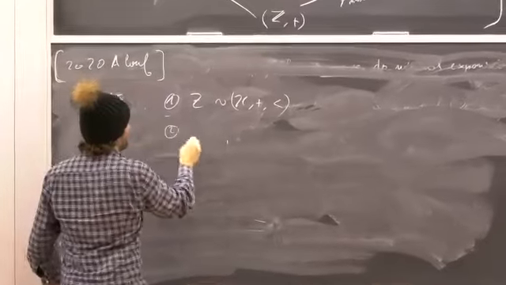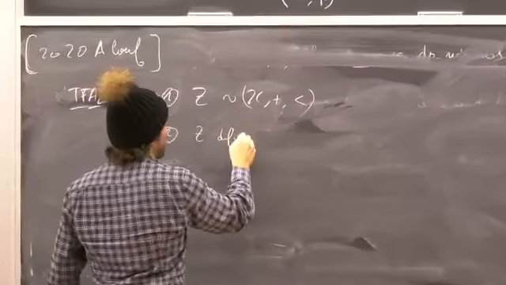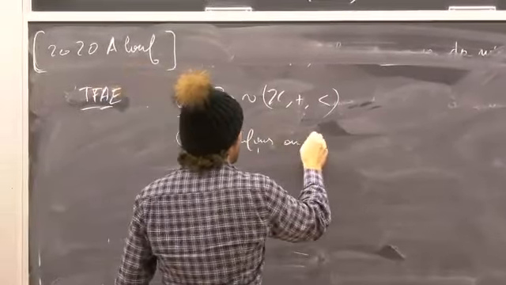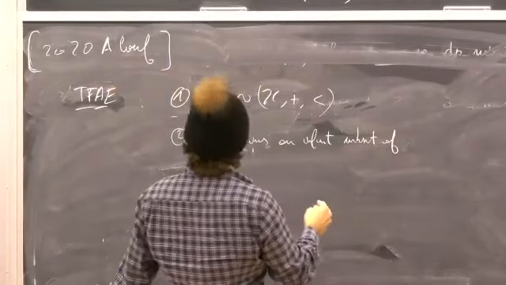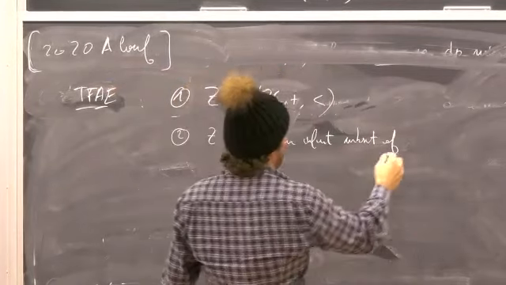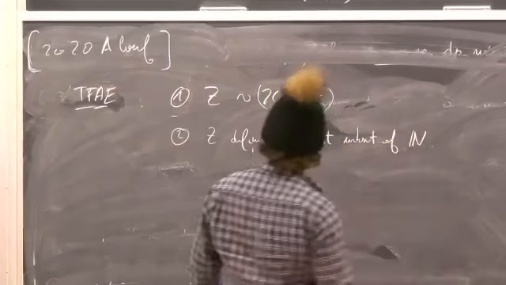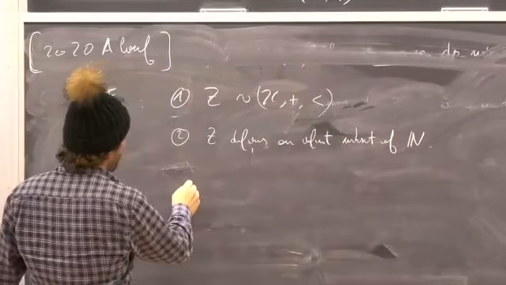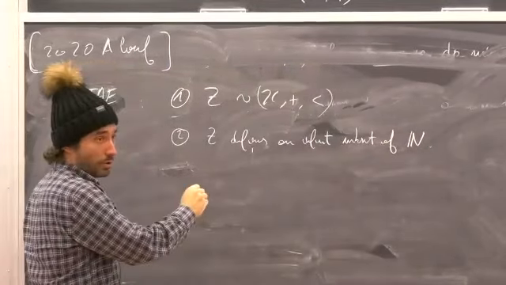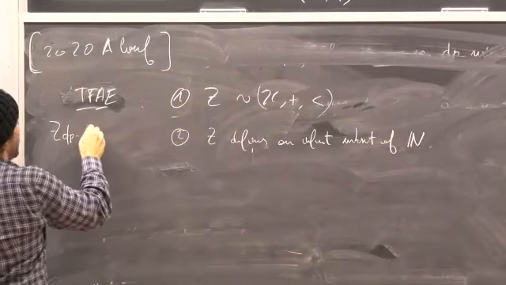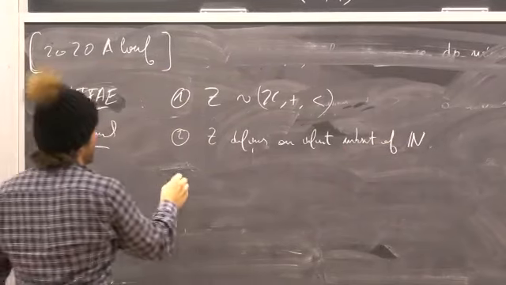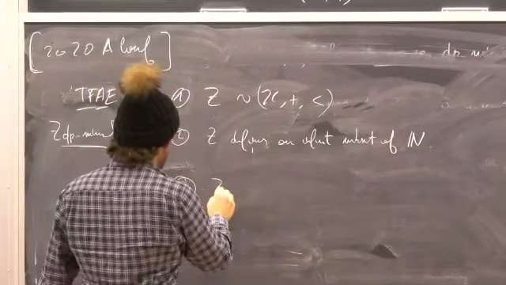This is equivalent to Z defines an infinite subset of the natural numbers. And 3, Z is dp minimal.